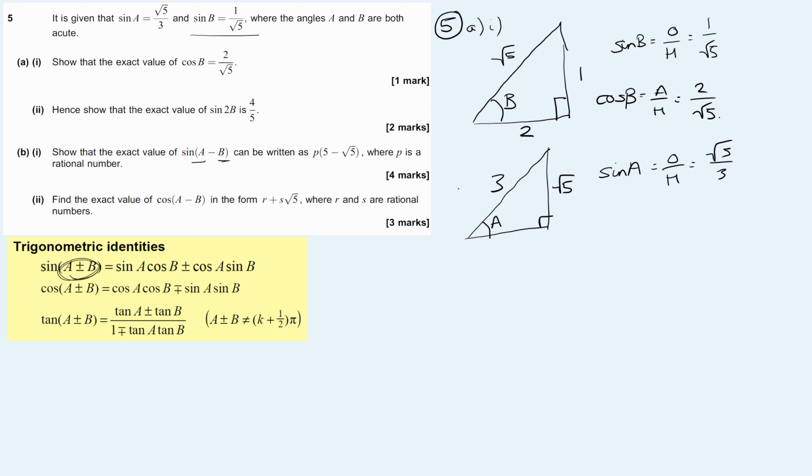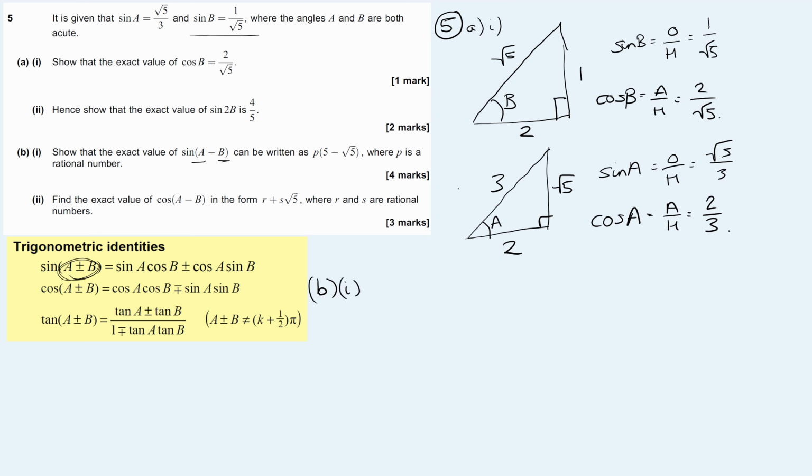A bit of Pythagoras again: 3 squared equals root 5 squared plus whatever the adjacent side is squared. 9 equals 5 plus a squared, so once again a squared equals 4, so a is equal to 2. That's important for the rest of what we're going to do. So let's write down that cos of A is the adjacent over the hypotenuse, which is 2/3. That's a bit of extra to start us off with B part 1.